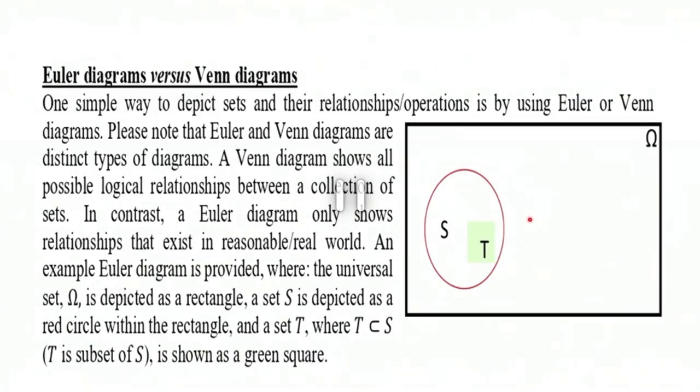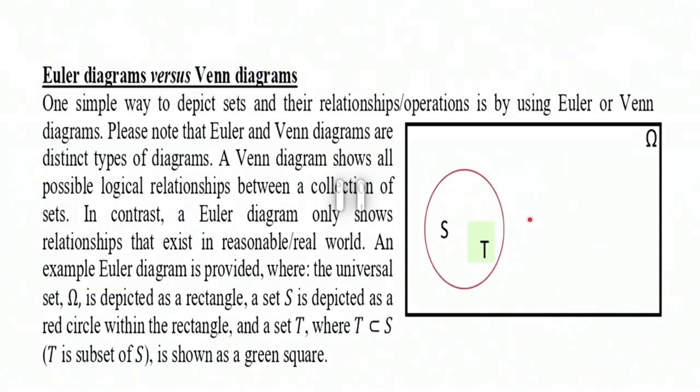When you have an uppercase letter, it means they are sets. One is inside the other, so set T is inside set S. You can take set T to be Minnesota and set S to be United States. Take a look at that.